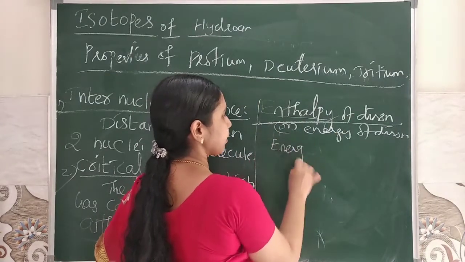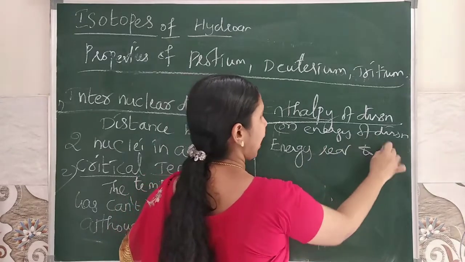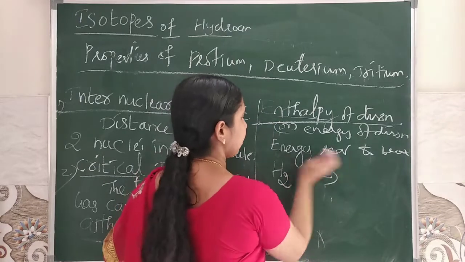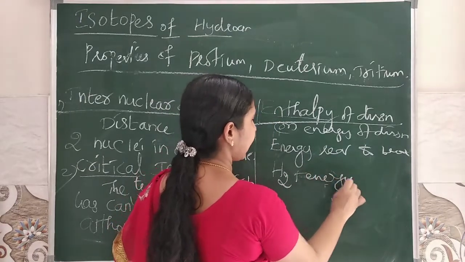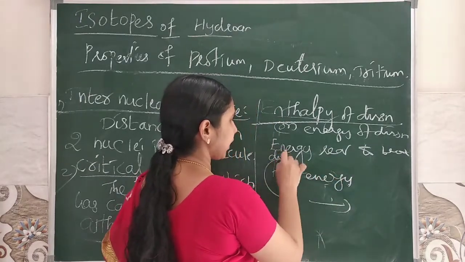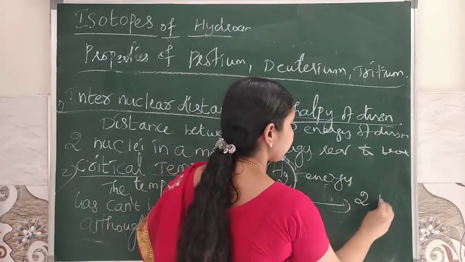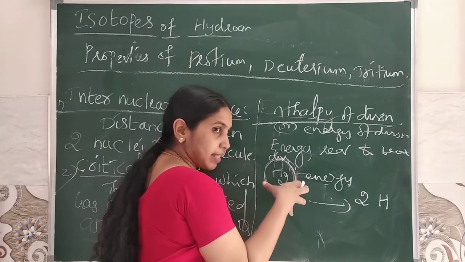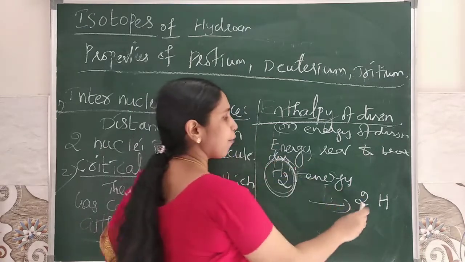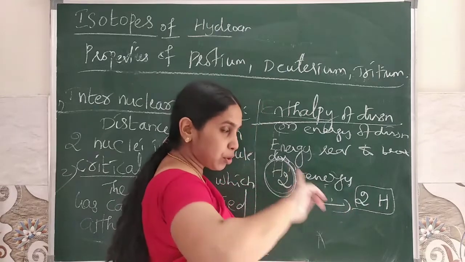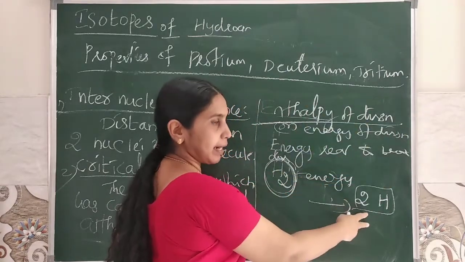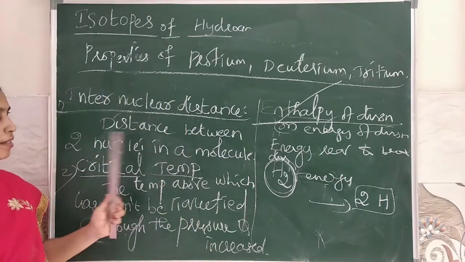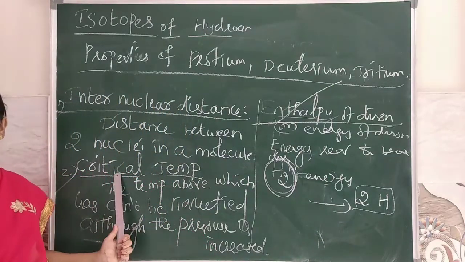It is defined as the energy required to break H2 to give 2H. Here molecular hydrogen is present, energy is given to break it, forming atomic hydrogen, 2 times atomic hydrogen. That is enthalpy of dissociation. Okay, students, these 3 properties should remain in your mind.